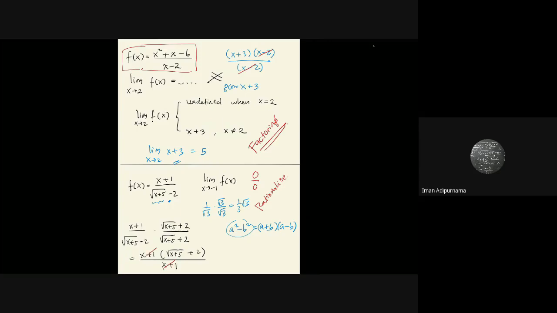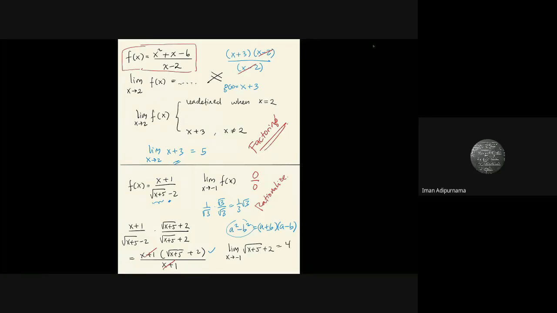Remove that, and we get this expression. So when we are asked to determine the finite value of this limit, then the limit as x approaches -1 is actually 4.